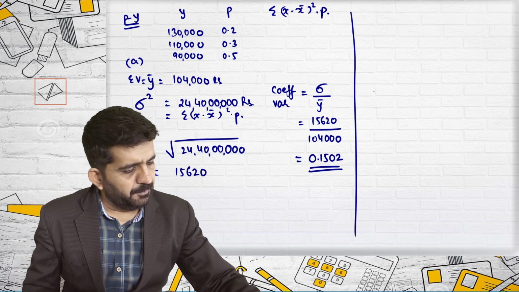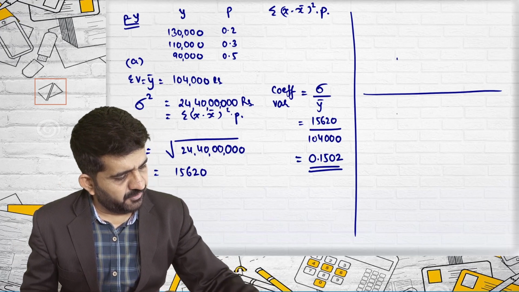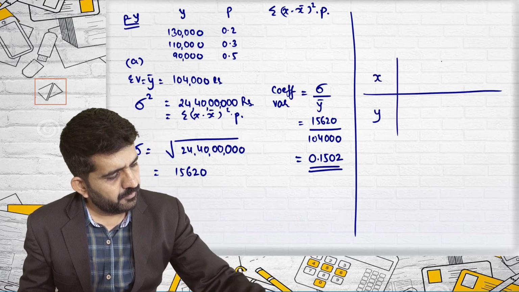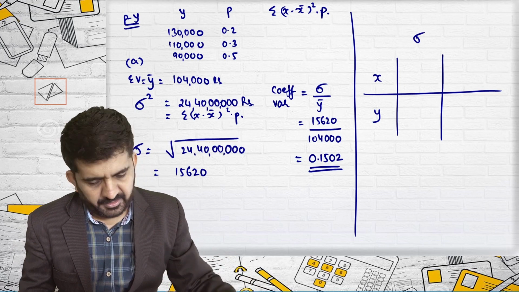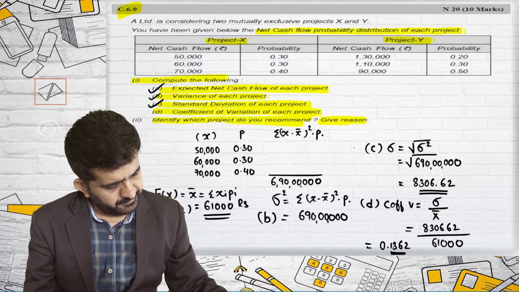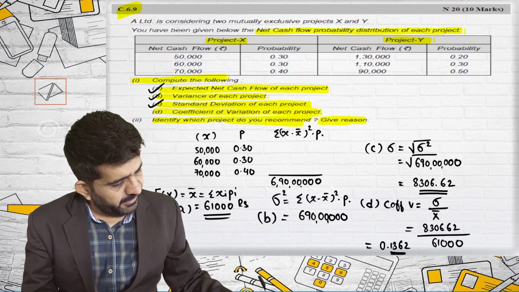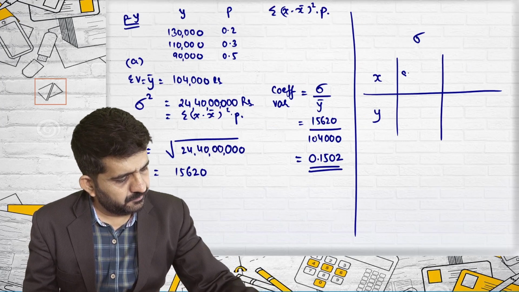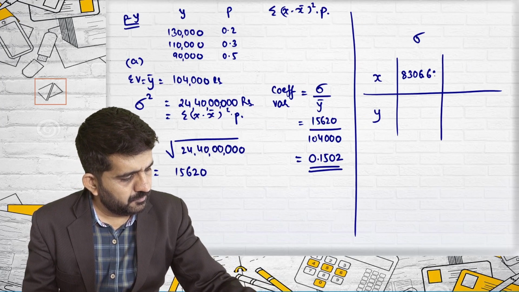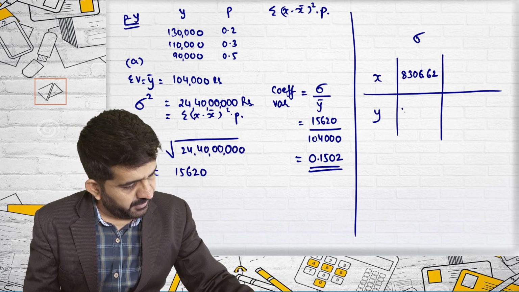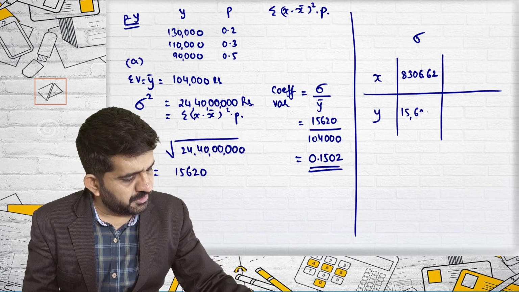I'm just making a comparative presentation of X and Y. Standard deviation of X is 8306, approximately 8307, and standard deviation of Y is 15,620.